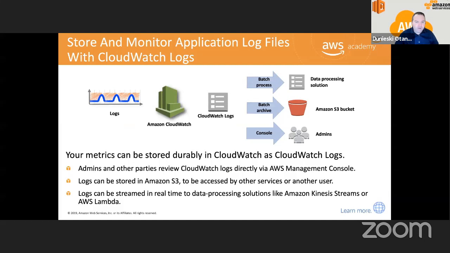So we have logs here, Amazon CloudWatch, CloudWatch Logs, and then you have batch process, batch archiving, a console for the data processing solution, Amazon S3 to archive those logs, and admins to the console. Guess where you're going to store the logs from CloudWatch?